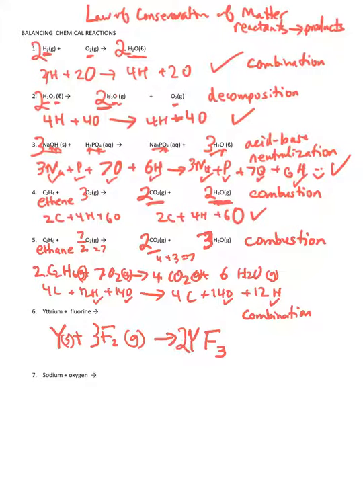And so now we've got 6 fluorines on both sides. 3F2 and 2 times 3 is 6F. But now I got 2 yttrium on the right, so to balance things out, I'm going to stick a 2 in front of the yttrium. And so now I've got 2 yttrium plus 3 F2, make 2 YF3, and that guy's balanced.